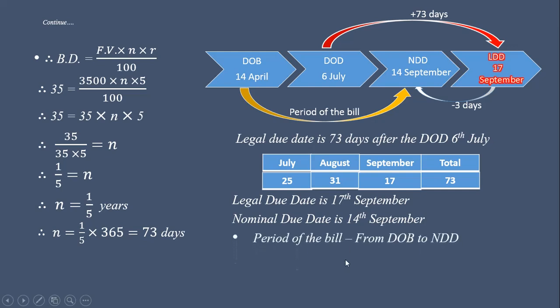Therefore, the period of the bill from 14th April to 14th September: May, June, July, August, September. Therefore, from 14th April to 14th September, the period of the bill is 5 months.